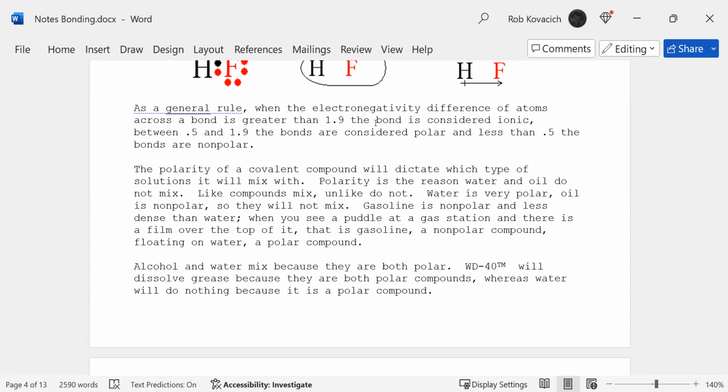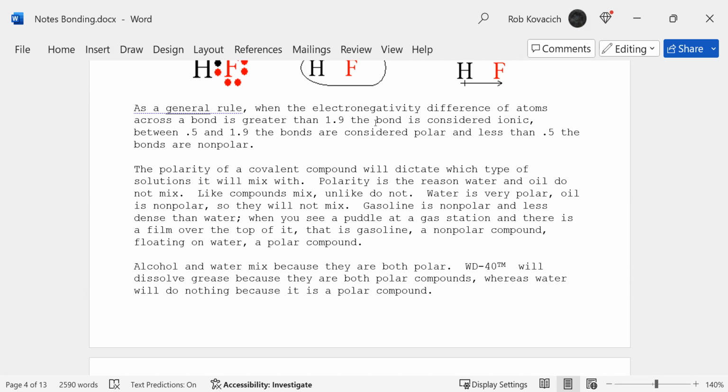So if there is no polarness to any of the bonds in the covalent molecule, we would consider that molecule nonpolar. If there is polarness to the bonds inside that molecule, then we would consider that molecule polar. Okay, so alcohol and water mix with each other because alcohol has a polar bond in it and water is a polar molecule.